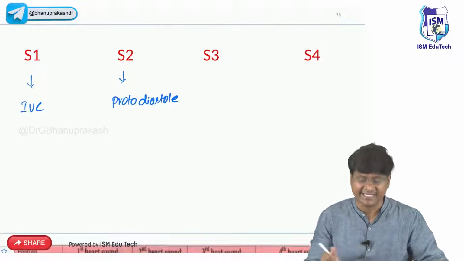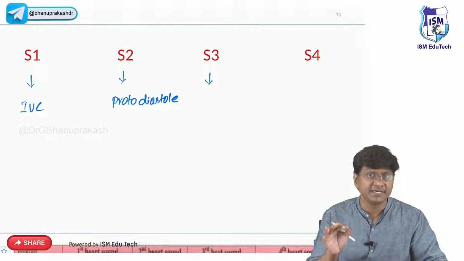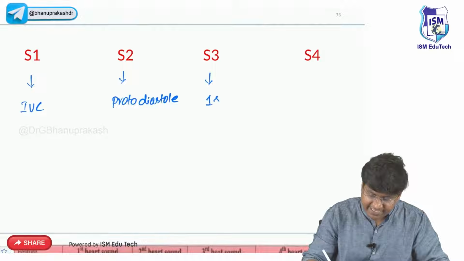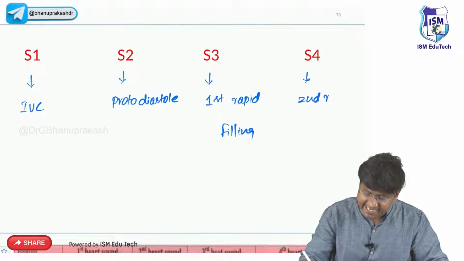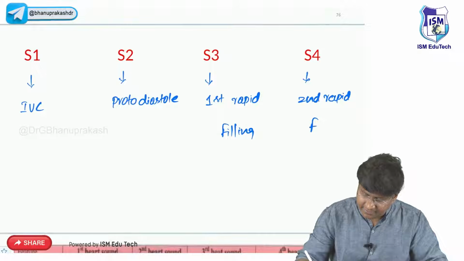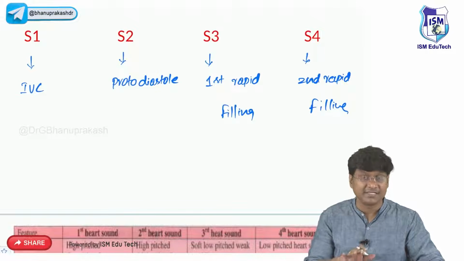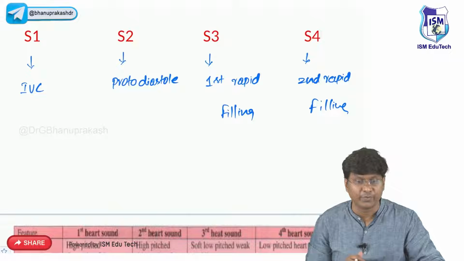Whereas S3 is heard in the first rapid filling. Whereas S4 is heard in the second rapid filling, that is your S4. Okay, so these are the various phases of the cardiac cycle where you listen to these heart sounds.